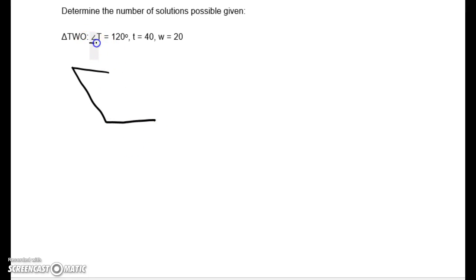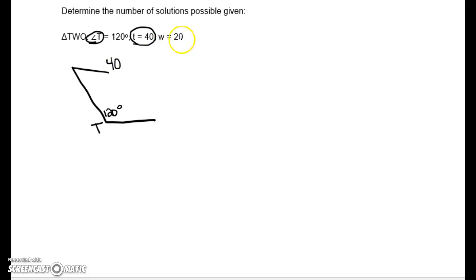Then, as always, you're going to start by drawing your angle T, and that one goes in the bottom left corner. So angle T, which is 120 degrees. Then you're going to fill in the rest of your information. You know that side T is 40, so that's the side opposite your angle. So this little leg here is 40.